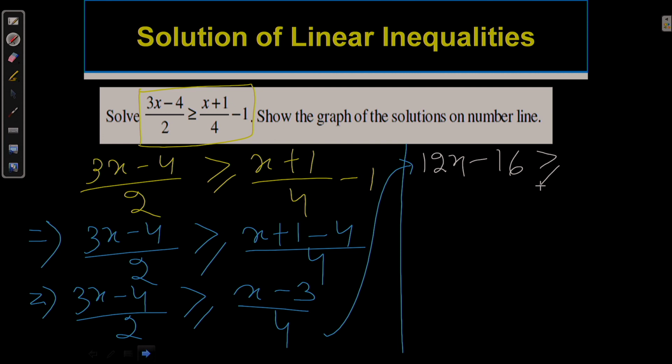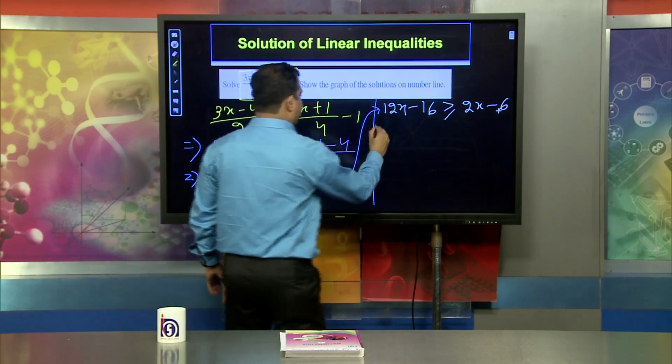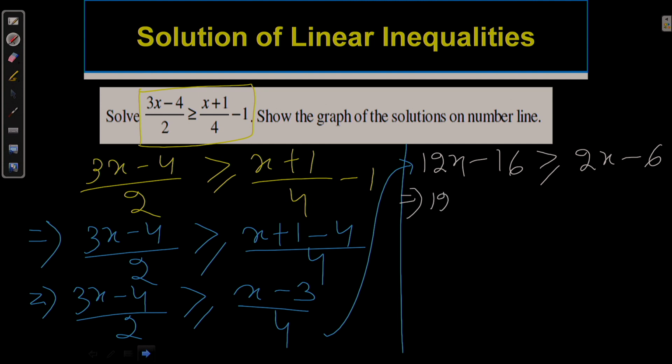Now it becomes easy: 12x minus 2x greater than or equal to minus 6 plus 16, by using that principle.